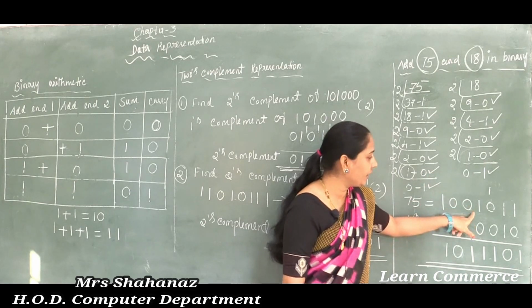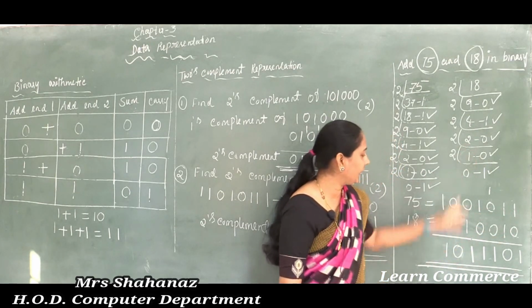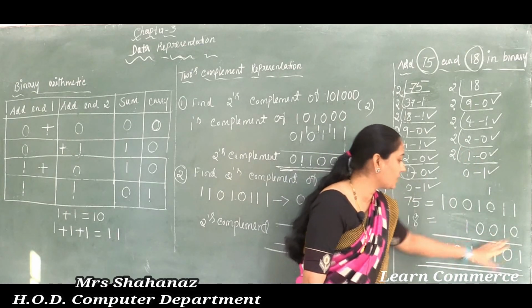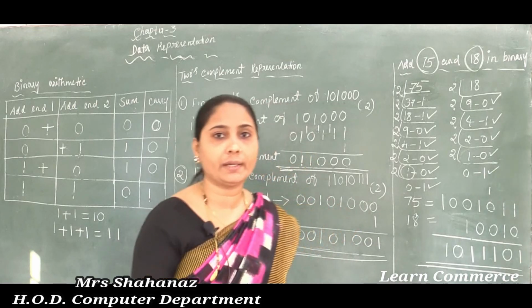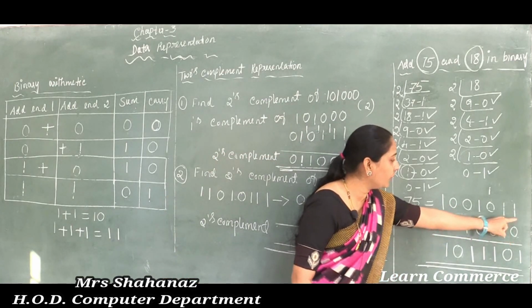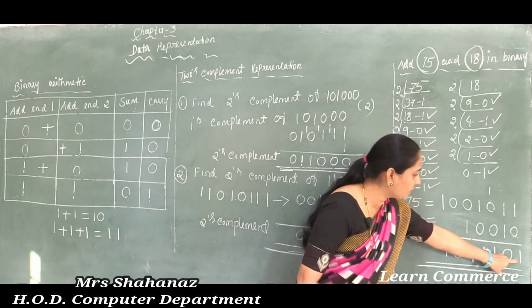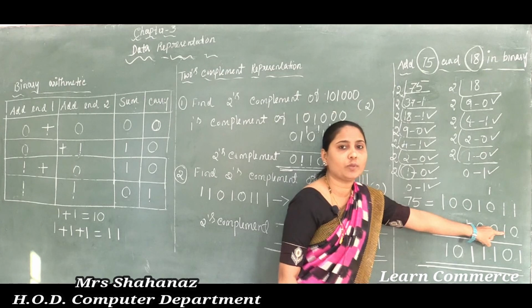So like that we need to write 1 0 0 1 0 1 1, and next the 18 as it is, 1 0 0 1 0, and finally after getting all those values we need to add them one by one. Clear this one? So 1 plus 0, the value is 1. So 1 plus 1, as we know, the actual value is 10.